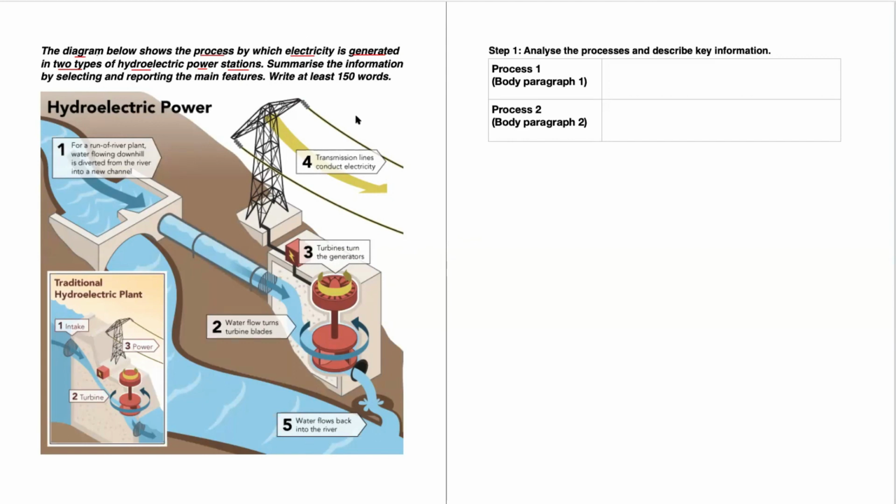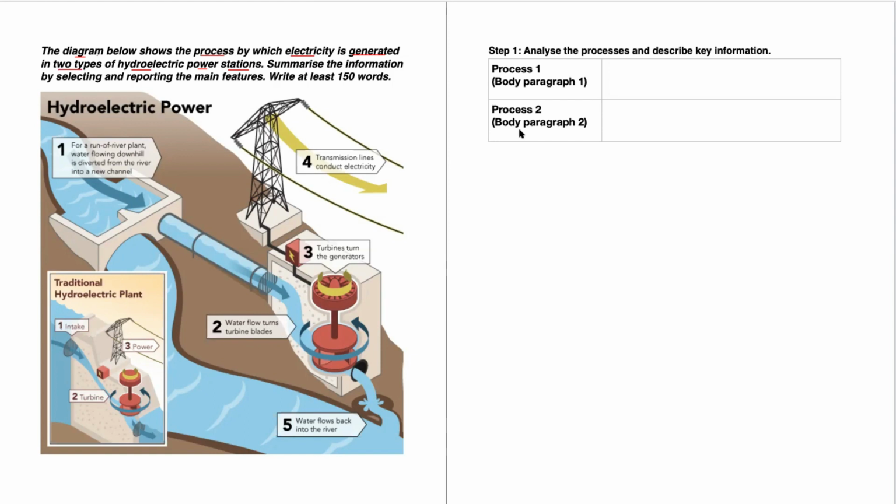Now here you see the topic is a bit more complicated and the idea is different. So here we have two processes instead of just one overarching process with stages. So I'll just take you over here on the right-hand side. What we're going to do is describe the first process in our body paragraph 1 and our second process in body paragraph 2.